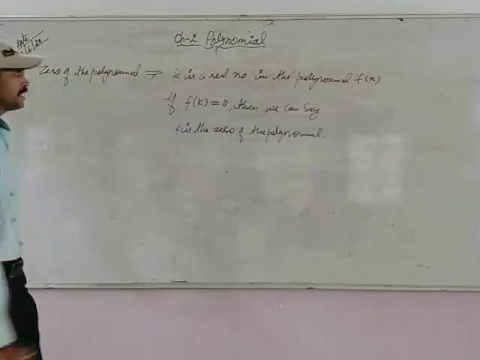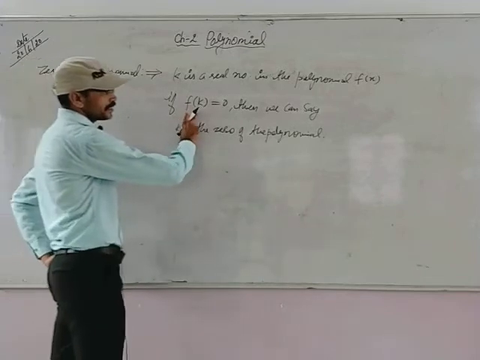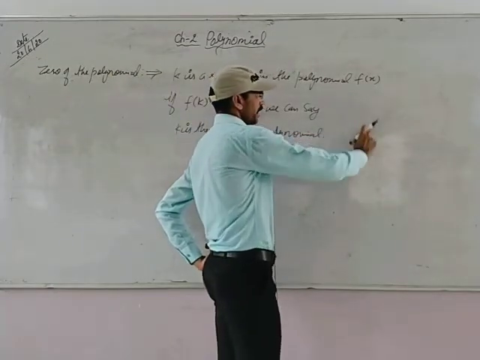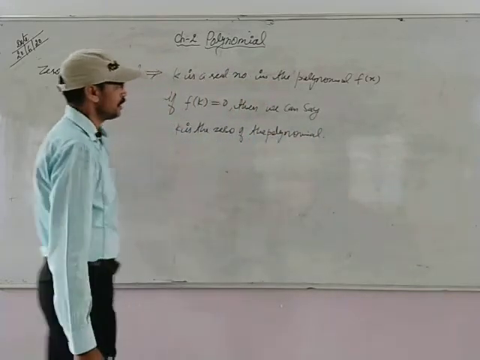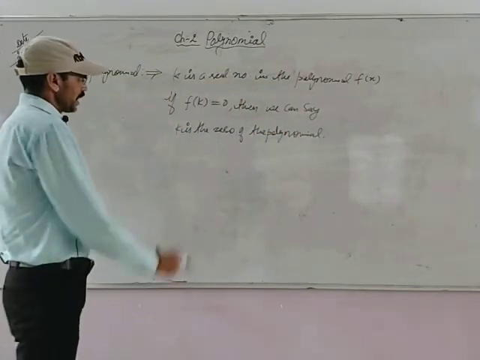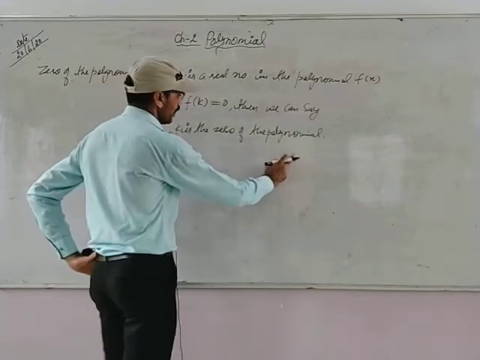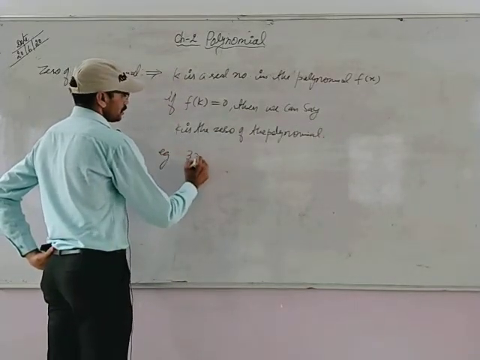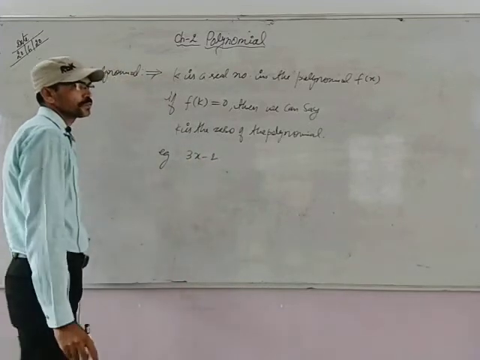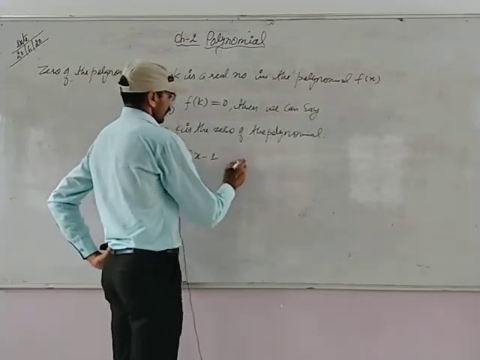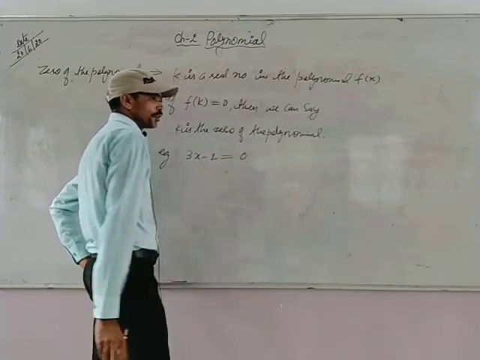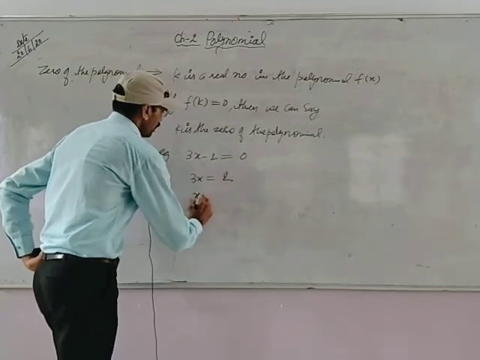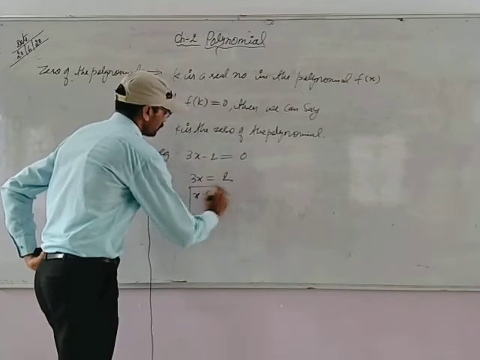Here we can say if the value of k put in the polynomial f(x) becomes 0, then k is the zero of the polynomial. For example, 3x minus 2 equals 0, then 3x equals 2, x equals 2 upon 3.